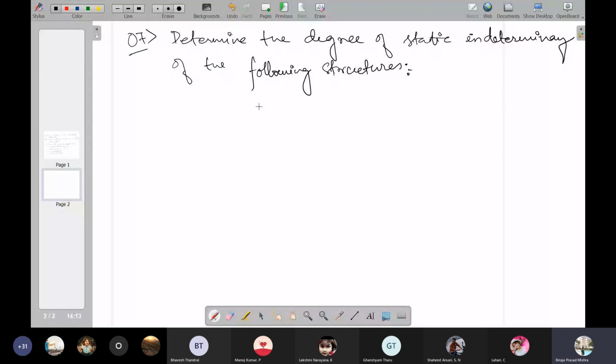Okay, now what are those structures? The first one is, sorry, this is the first one.